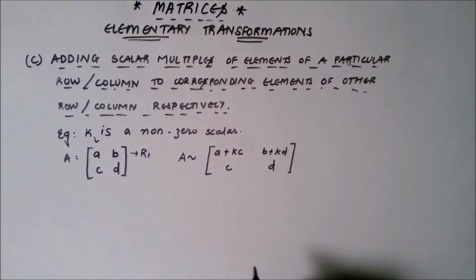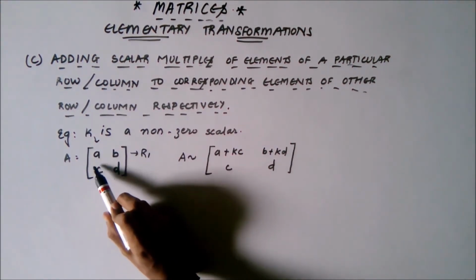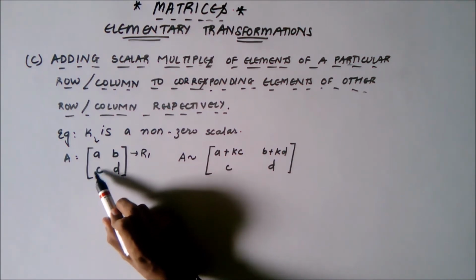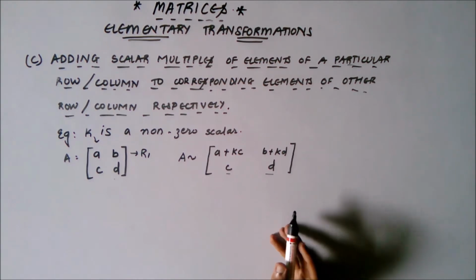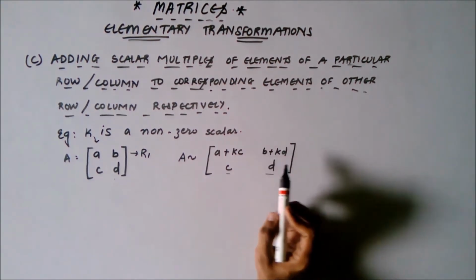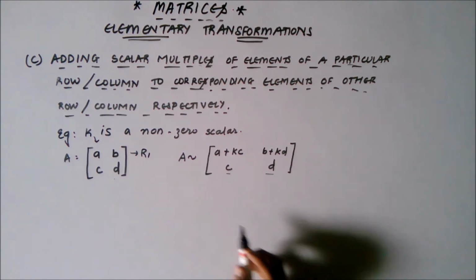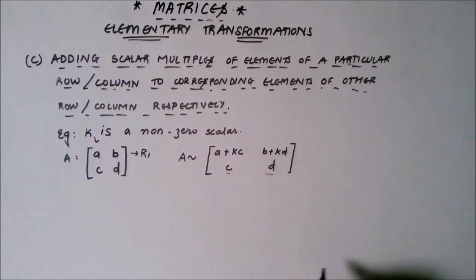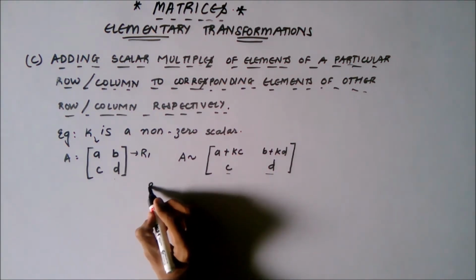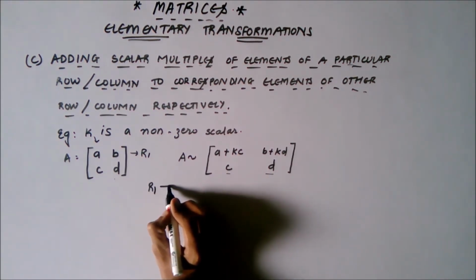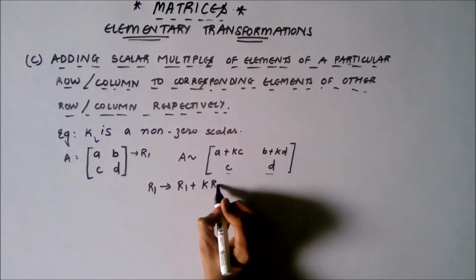In the earlier example, if we multiply a scalar to a particular row, then its elements get changed to KC and KD. But here observe that C and D remain the same, but its scalar multiple is being added to the first row. So, how does this elementary transformation take place? This elementary transformation can be written as R1 transforms to R1 plus K R2.